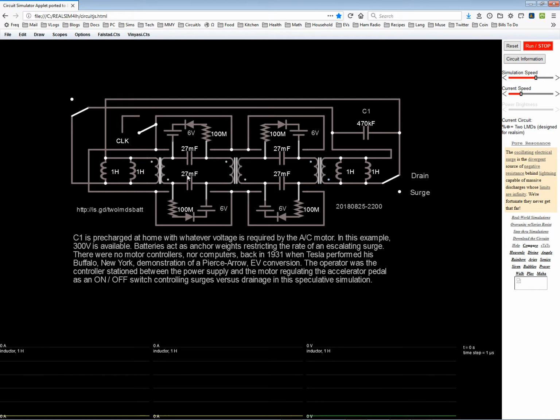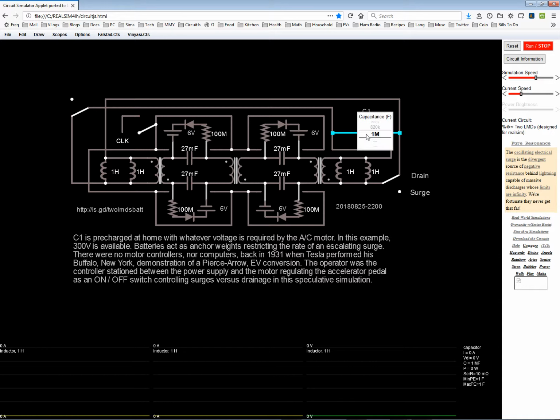And it'll pretty much provide 300 volts to the motor coils without fail for quite a length of time without any diminishment, because the farads are so high, 470 kilofarads. Now obviously that's not realistic in terms of buildability, but in terms of the simulation, I could have gone higher.